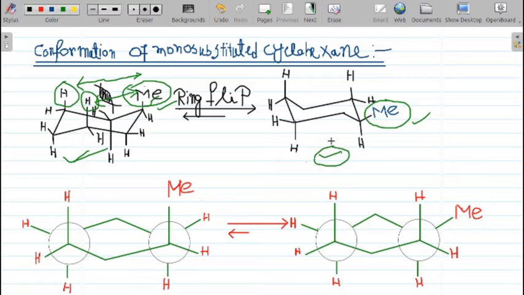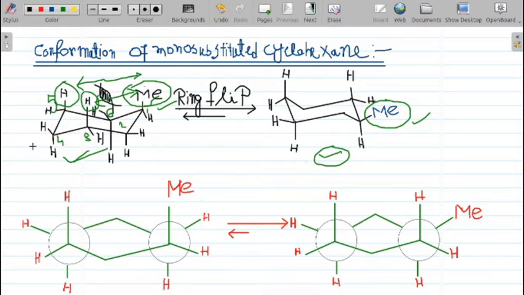So a ring flip will occur. First we will discuss the ring flip. What is a ring flip? First we number the carbons: this carbon is number 1, this carbon is number 2, this carbon is number 3, this carbon is number 4, and this carbon is number 6.